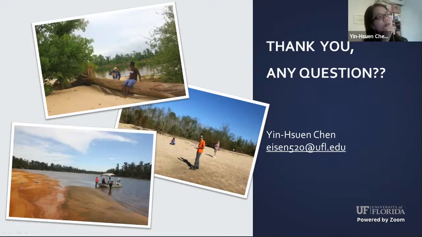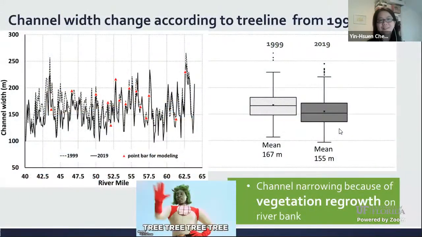The reason I say recovering is they have a lot of new growth on the floodplain forest side. I can show you this after this. I am prepared. So, the channel width change: I did the digitalization based on the tree line. Just ignore that GIF, it's just kind of funny.